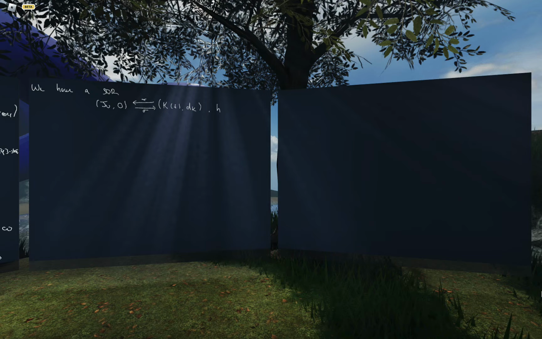And this SDR is over K. We have that pi is the quotient map in degree 0, and H is equal to this thing.